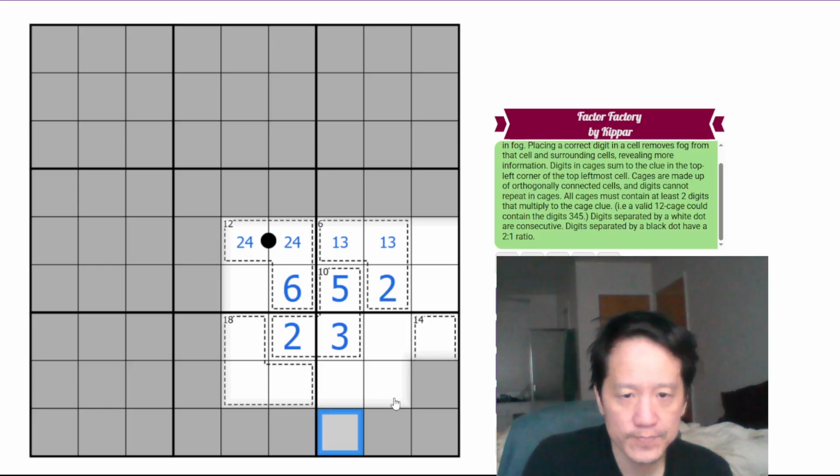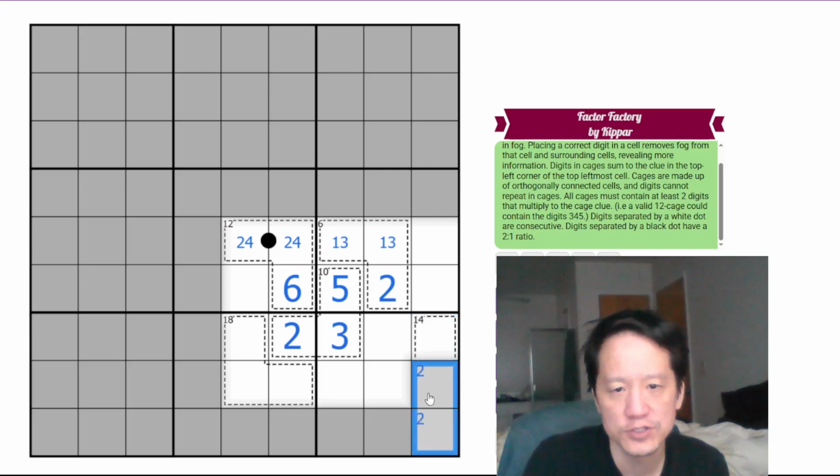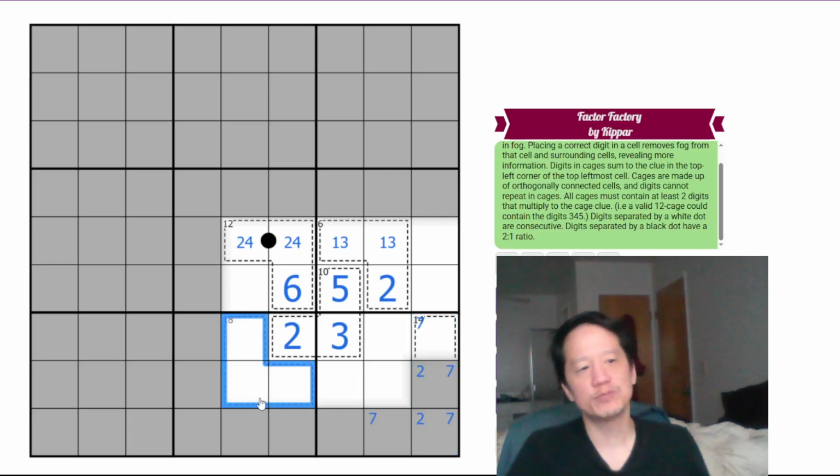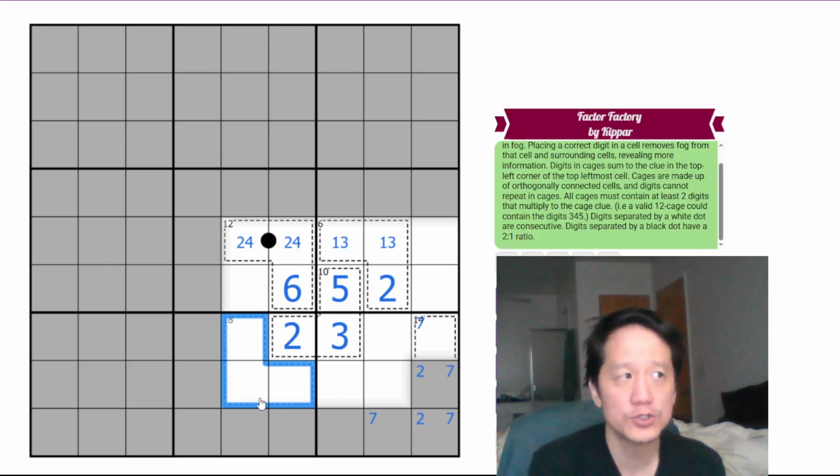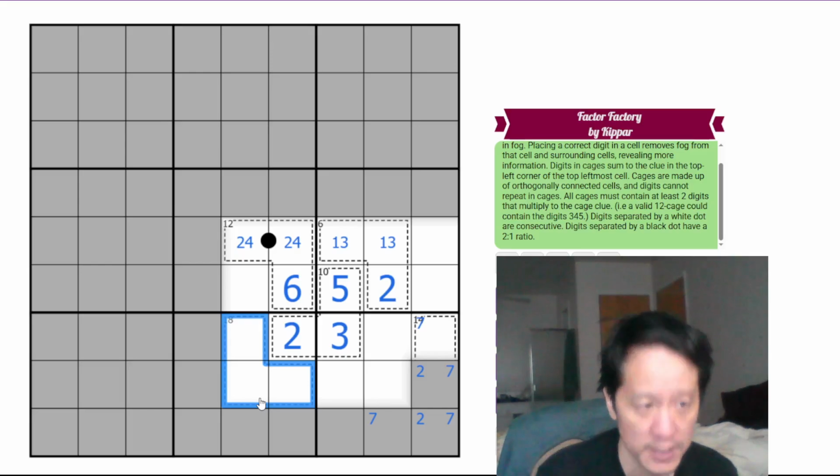Okay. We know this is either 3 digits or 4 digits, and it either goes here or here. So 2 has to be one of these 2 digits here. We also have a 7 here, so 7 has to be one of either these 4. We have 18. What multiplies to 18? It's specifically either 2 and 9 or 3 and 6.